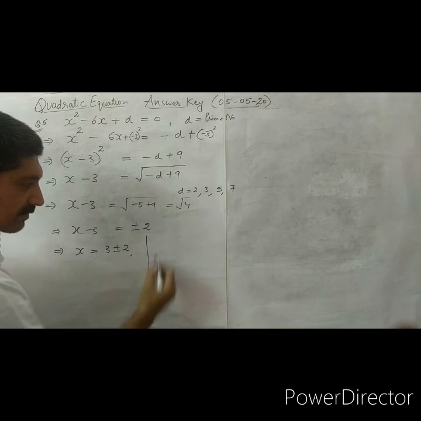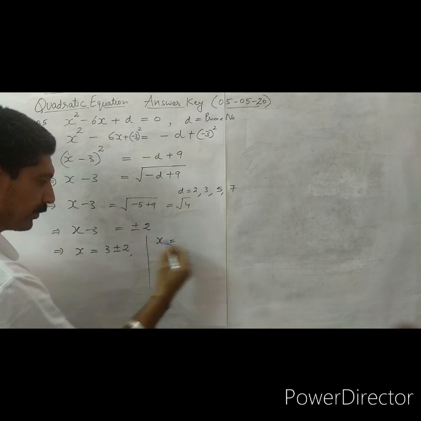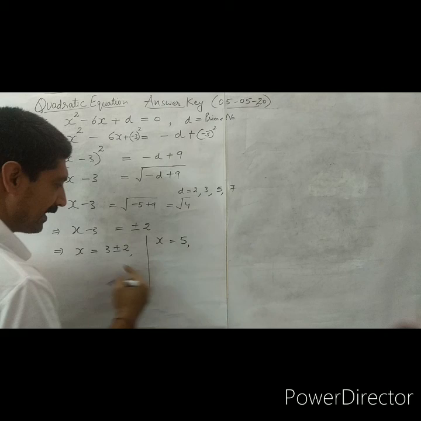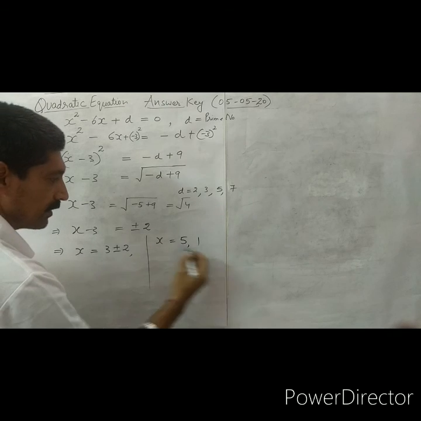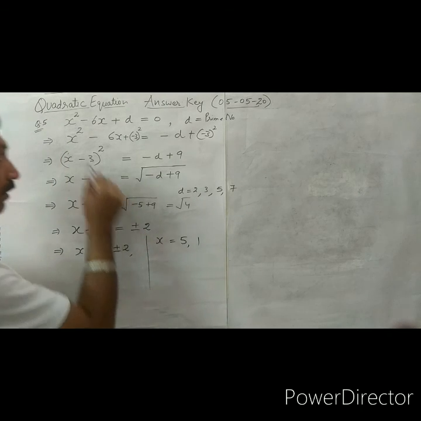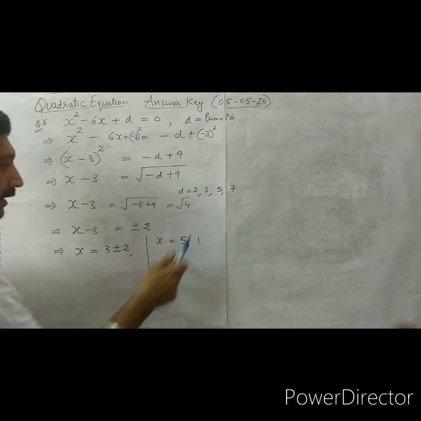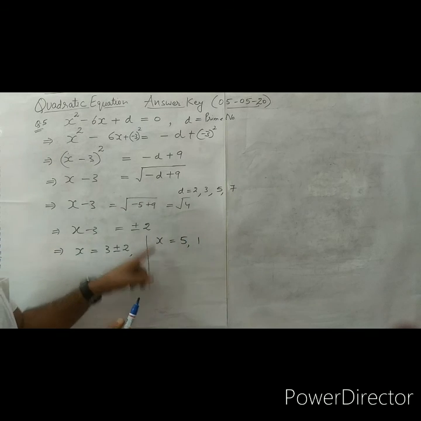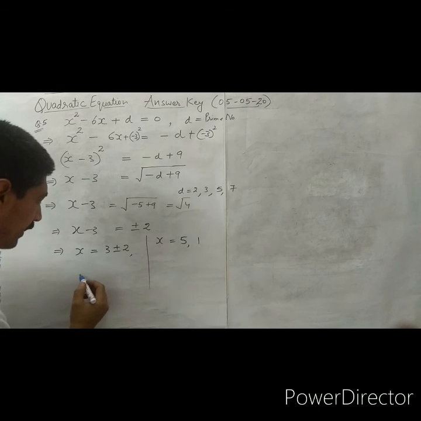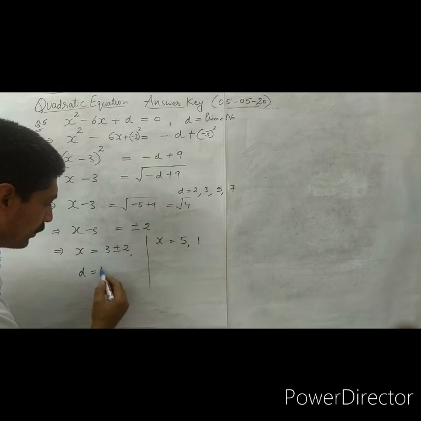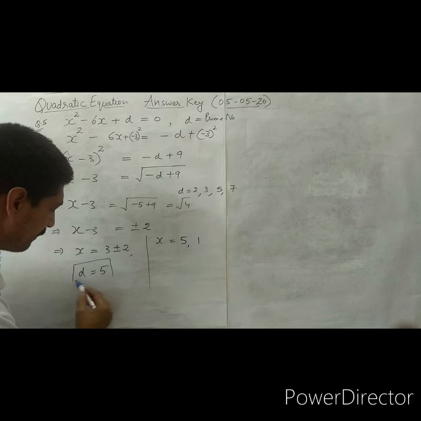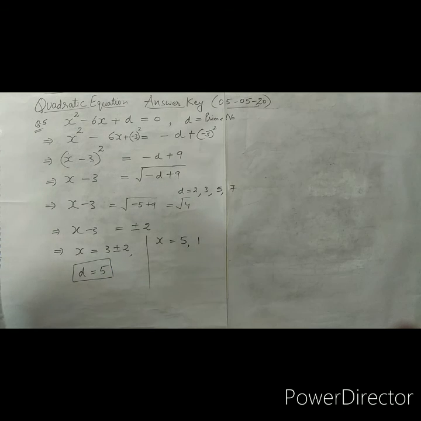So the value of x is 5 or x is equal to 1. So we have two values of x, one is 5 and one is 1. And here we are going with d is equal to 5, and 5 is a prime number.